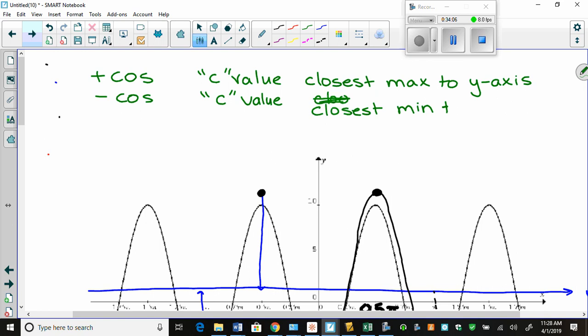And I have to give you homework. I'm only going to make you find the cos equations today, but the sine equations, you could find everything except for the what right now? The C, right? Because the A, the B, and the D are all the same.